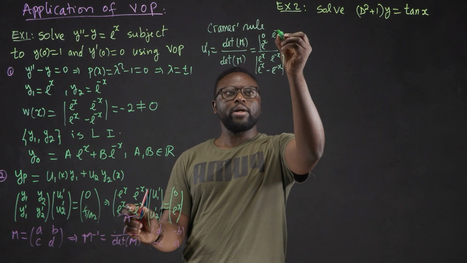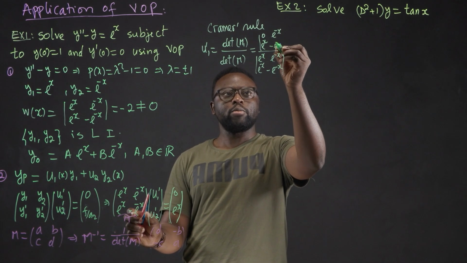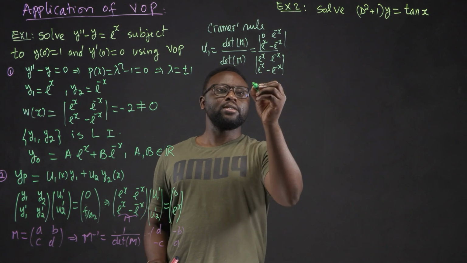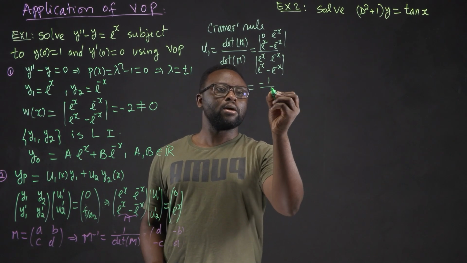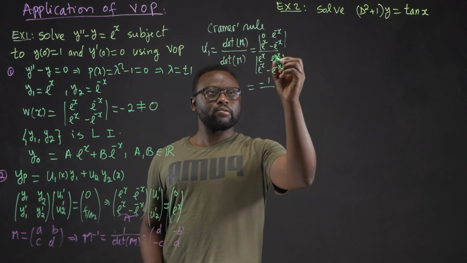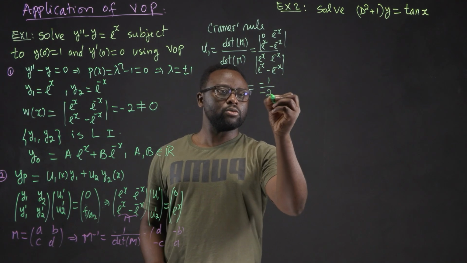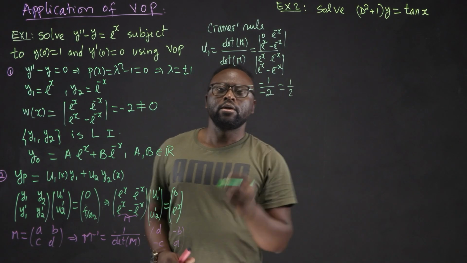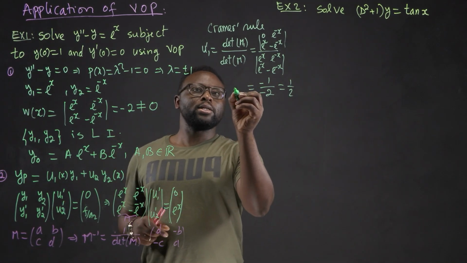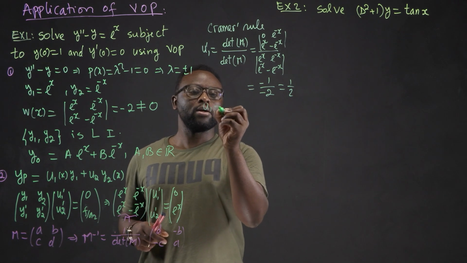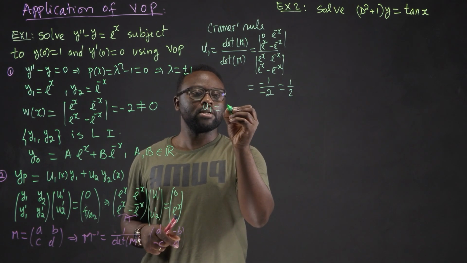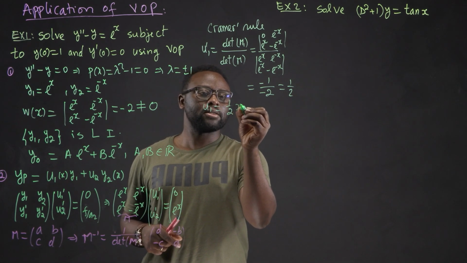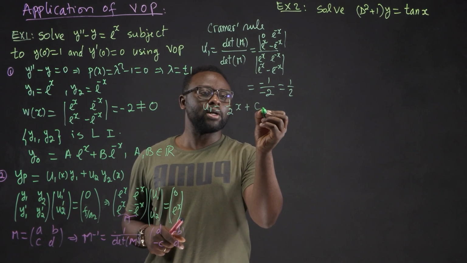This is e to the power minus x, minus e to the power minus x. So solving this, we have minus 1 over minus 2. So this is just half. So we know that u prime 1 is half, then u1 will be just the integral of this. This is half of x plus c1.